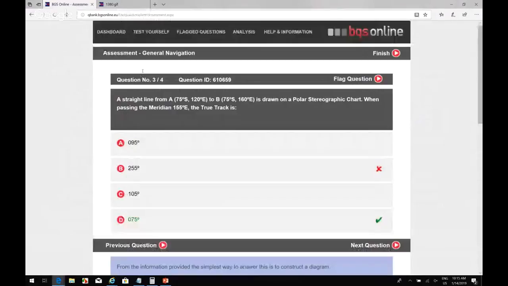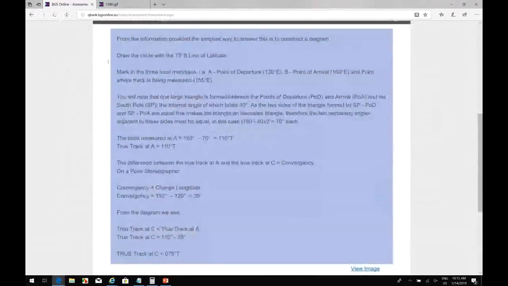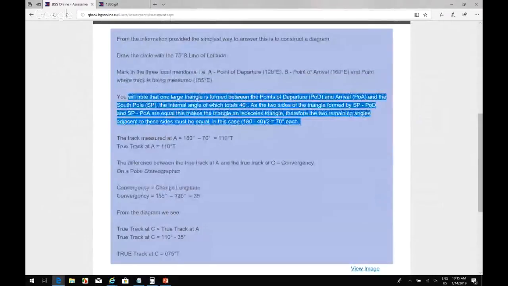True track. Okay, so 180. One large triangle is formed between the points of departure and arrival and the South Pole.